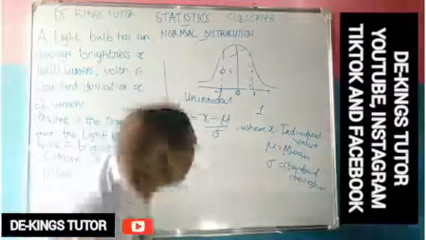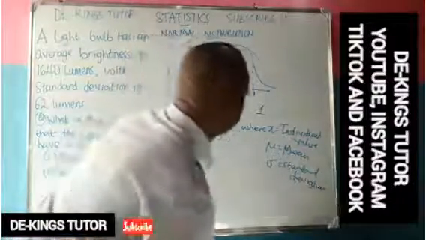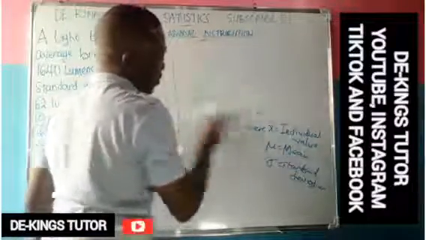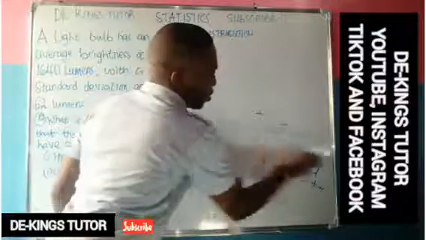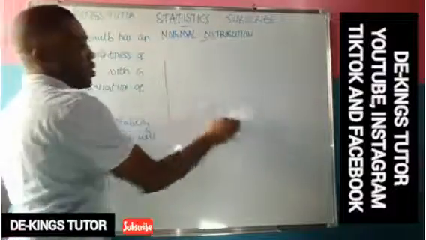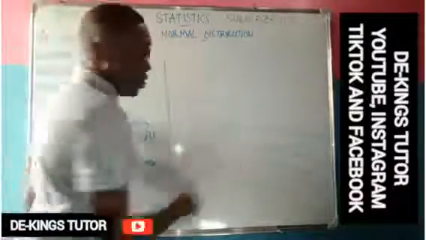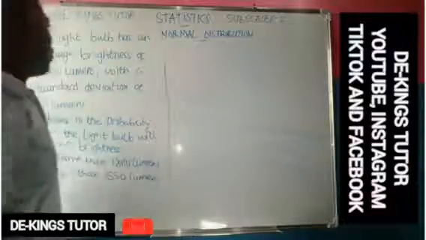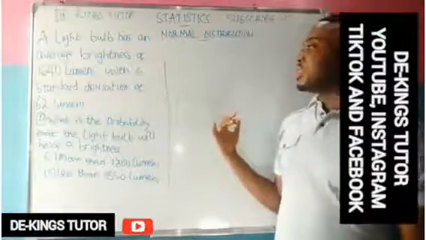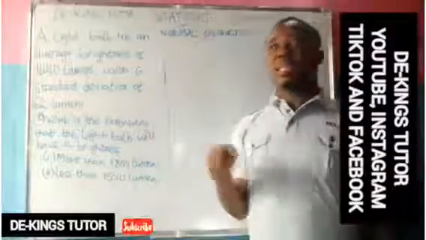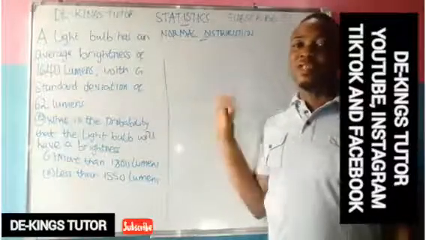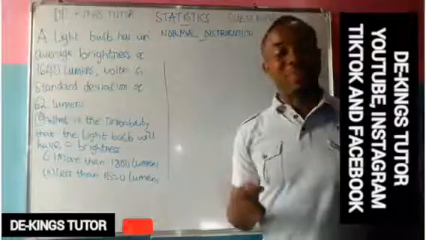So if we are to solve this question given, for instance, and another thing, whenever you're given a question relating to a normal distribution, please draw the diagram first. That is what will help you to solve it. If you draw the diagram, you have solved 80% of the question.